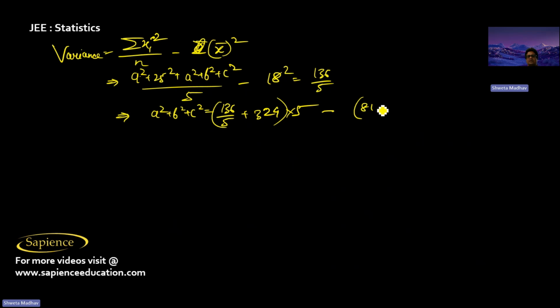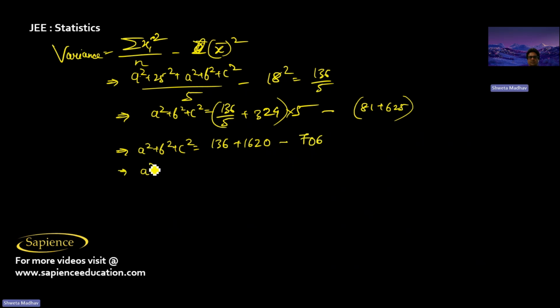That is 334 into 5, minus 9 square, that is 81 plus 624. That means a square plus b square plus c square will be equal to 136 plus 5 4s are 20, 15, 16, minus 706.